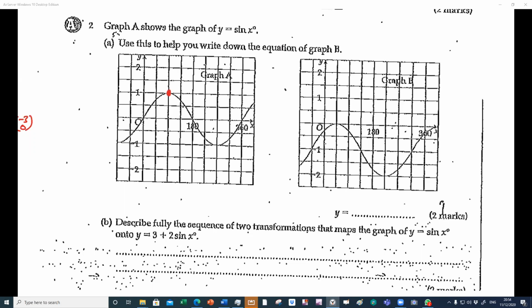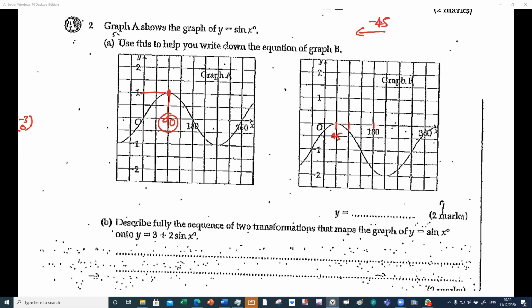Now remember, sine x here. So where is that? That point is at 90, 1. Now if you look over here, 180, 90, it's moved back by 45 degrees. So the point that was at 90 is now at 45. If something moves back by 45 degrees, what do we see in the function?